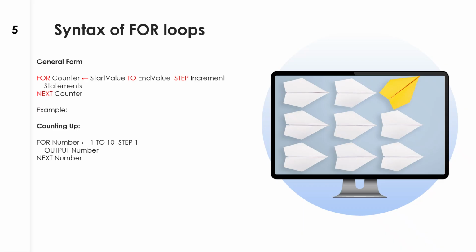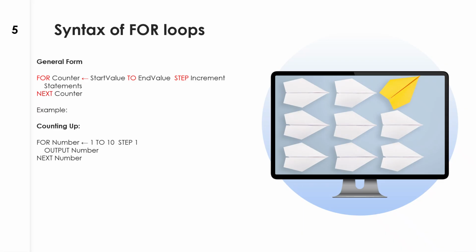So what it will do is, it is going to start with number is equals to 1. Since we have to output this number, it will output the number 1. Move on to the next statement where the number 1 is incremented. Now by step 1, it is already defined that it will be incremented only by one step. So it's going to be now 2.